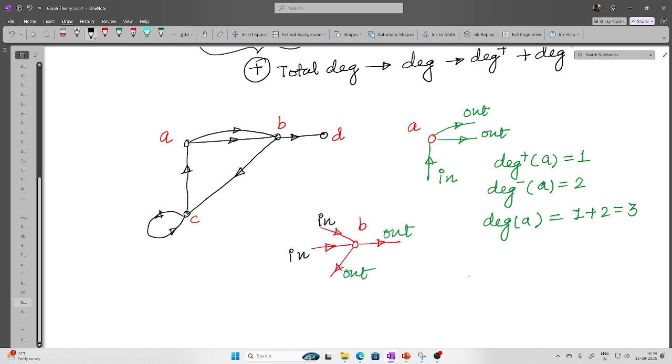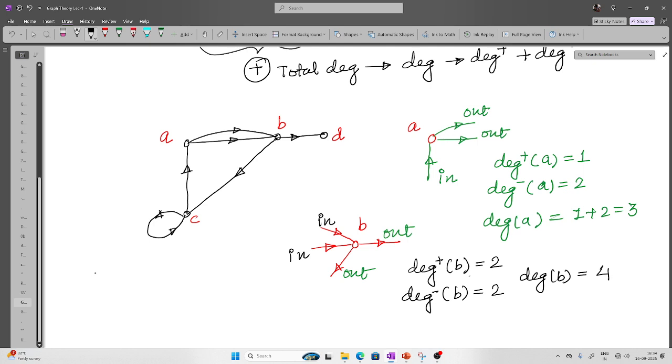For vertex B, two edges are going out and two edges are coming in. So the in degree for vertex B will be 2. The out degree for vertex B will be 2, and the total degree for this vertex will be 2 plus 2, that is 4.